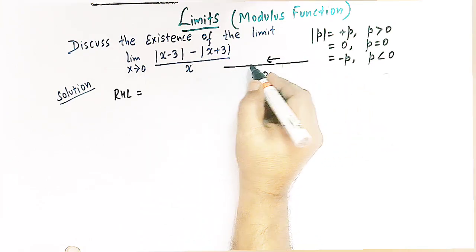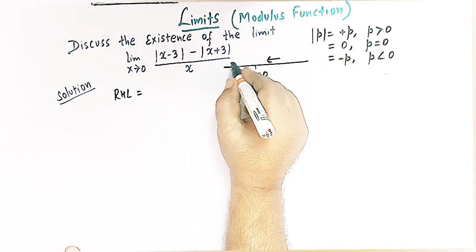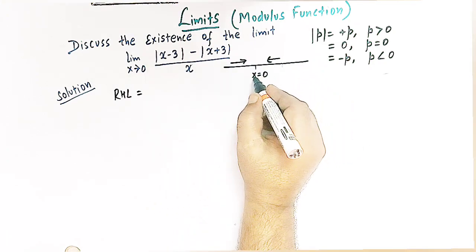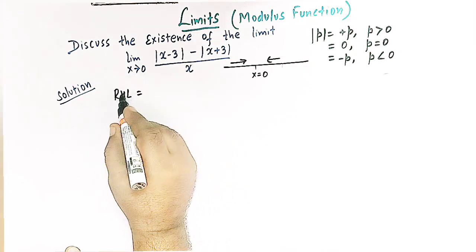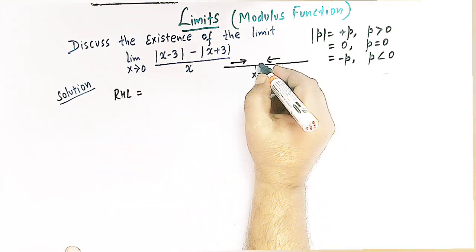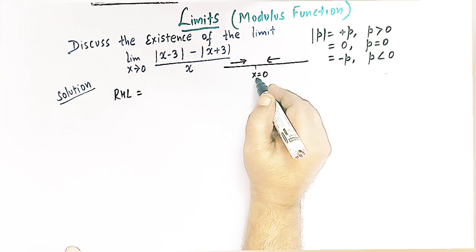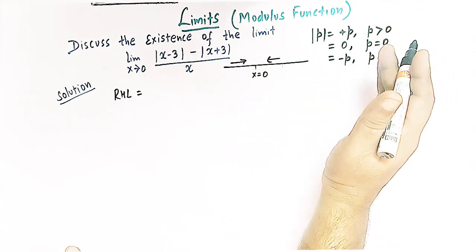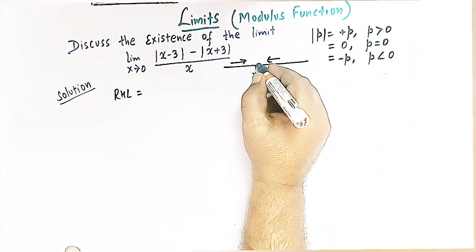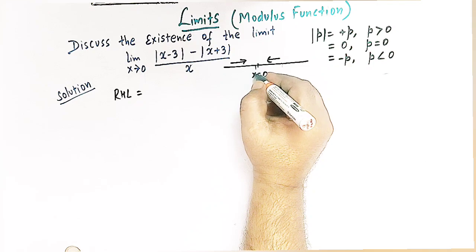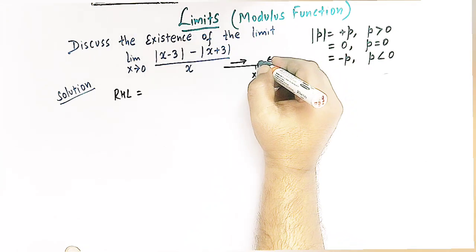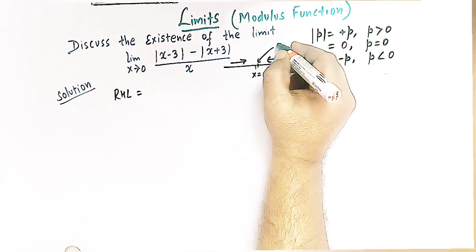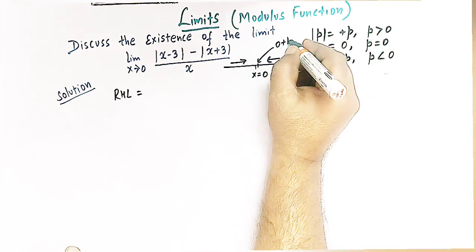And when we find out the left hand limit, we approach from the left of x is equal to 0. So when we find the right hand limit, then we move towards x is equal to 0 from the right of x is equal to 0, and we arrive at a point in the right neighborhood of x is equal to 0, and this point may be taken as 0 plus h.